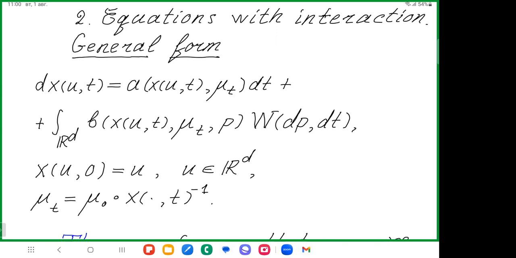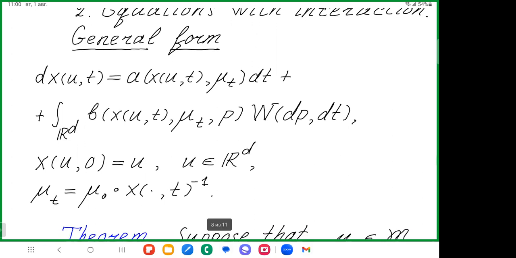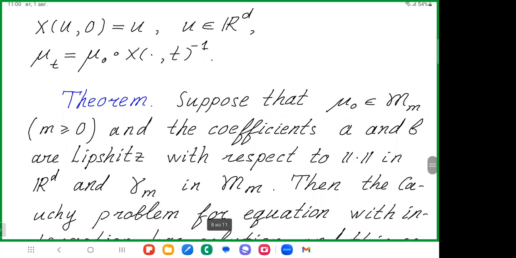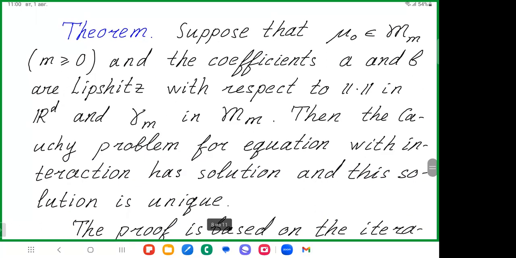So now let's think about the theorem which gives us the answer about the existence and uniqueness of the solution. Maybe everybody expects that if we have the Lipschitz condition, then we have a unique solution. It is true.